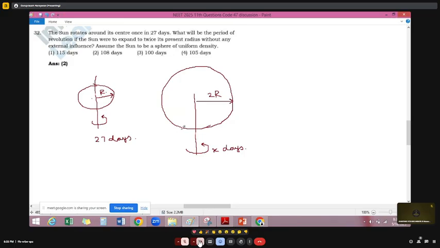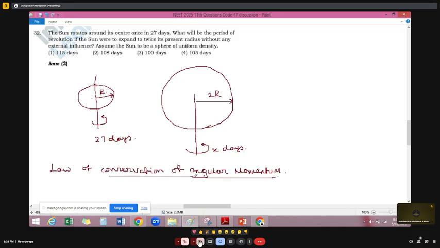Whenever there is no external force coming from outside, which law is applicable? Law of conservation of what? Anybody? So when there is no external force acting on a system, and internally it is just expanding, the law of conservation of angular momentum is valid.